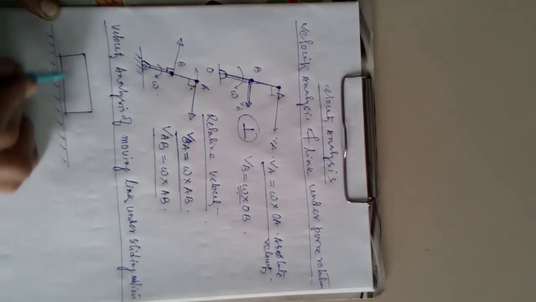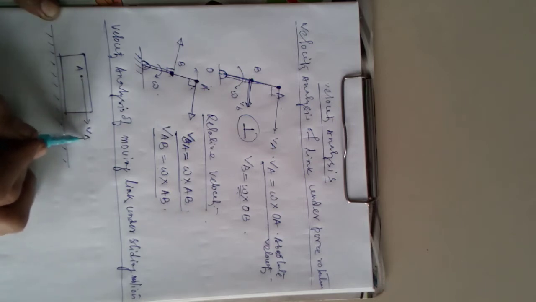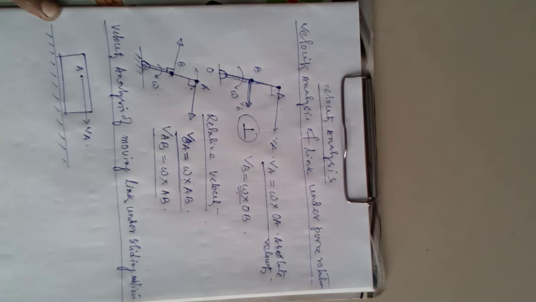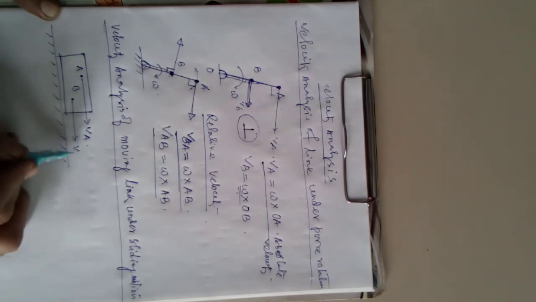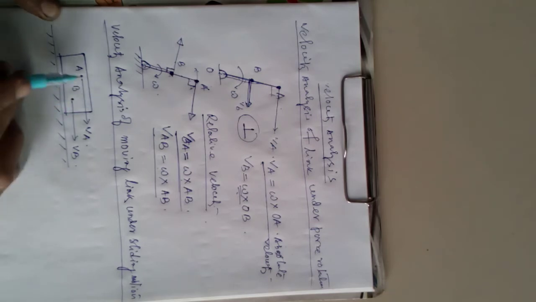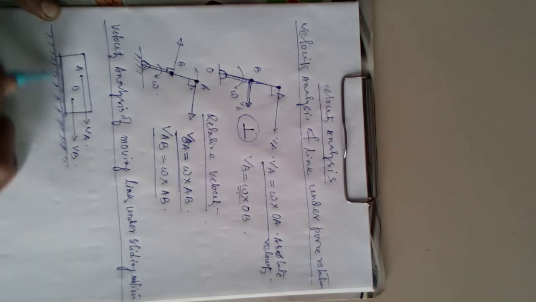Now consider a point, suppose A, with velocity VA. Another point you can consider is B, with velocity VB. Now you can see, as this link is moving with some fixed support, the link is sliding with the plate.